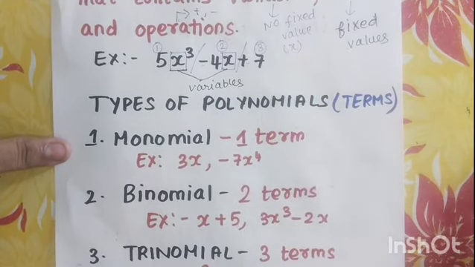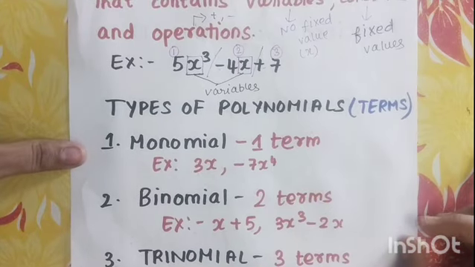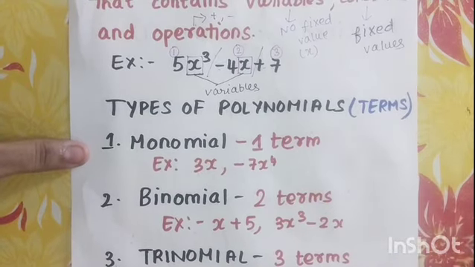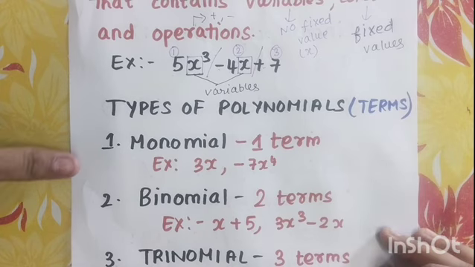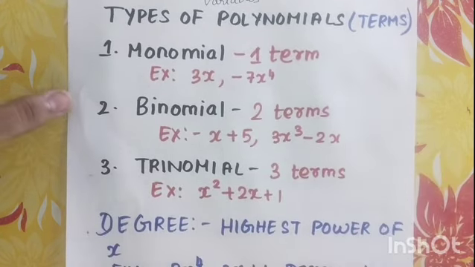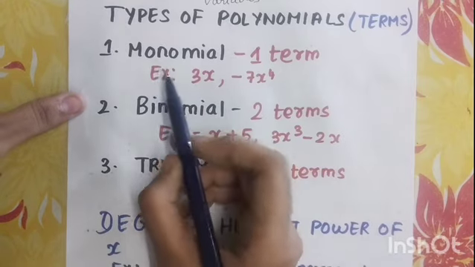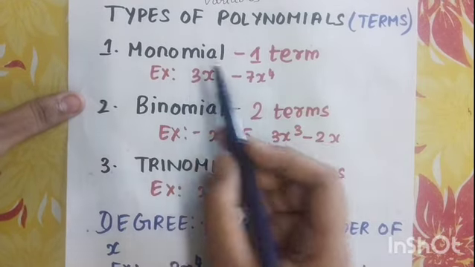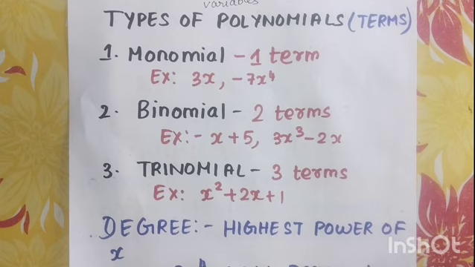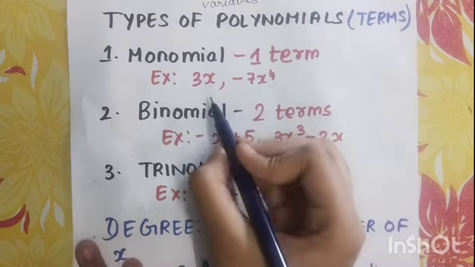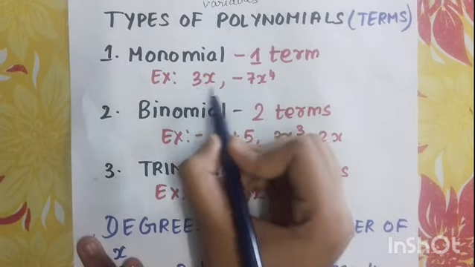A part of a polynomial which is separated by its operations is a term. Based on these terms we are going to categorize the polynomial. By the name, monomial, we can identify that it is one term. Here 3x is one term, right?